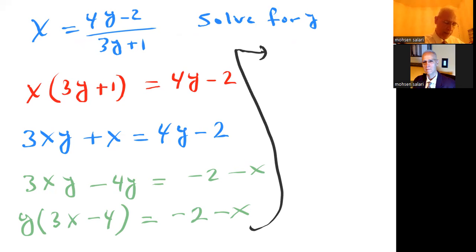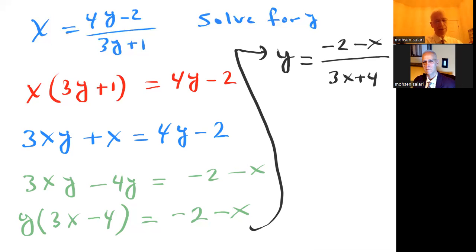So I have y equals minus 2 minus x over 3x minus 4. Notice that I have too many negatives.